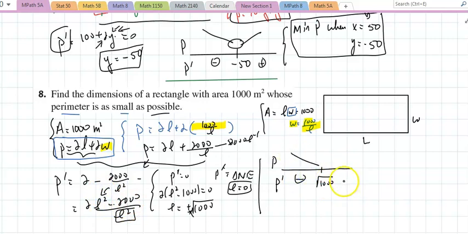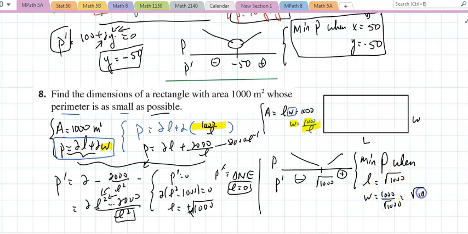To the right, I could put 1000 instead of the square root of 1000. 1000 squared, oh boy, that's a million. 2 million minus 2000 is positive. So I have a minimum perimeter when the length is the square root of 1000 and the width is, let's see, 1000 over the square root of 1000, which is the square root of 1000. Each of those is in meters. So that would be my final answer.